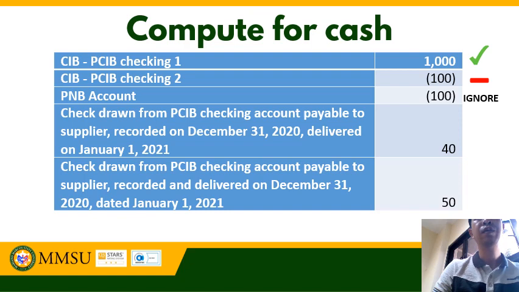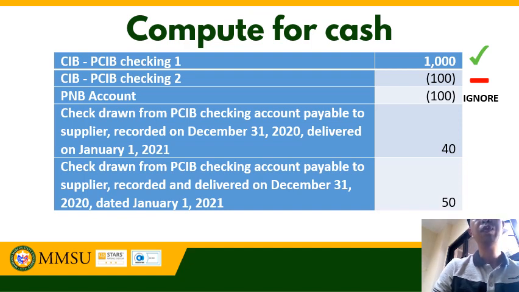So anong gagawin? By recording, your entry was a debit to accounts payable, credit cash. Ibig sabihin, binawas mo na dun sa accounts payable, binawas mo pa dun sa cash. Therefore, dahil mali, dapat ibalik mo.